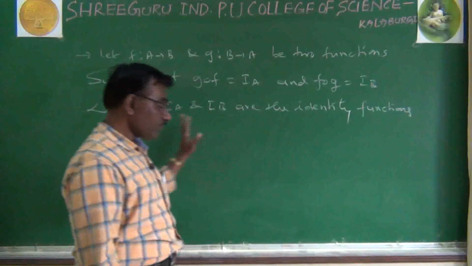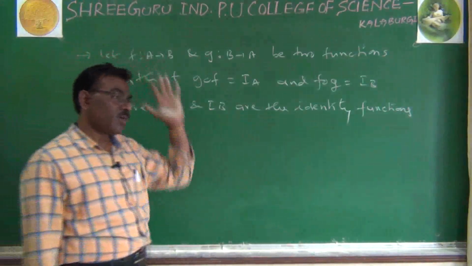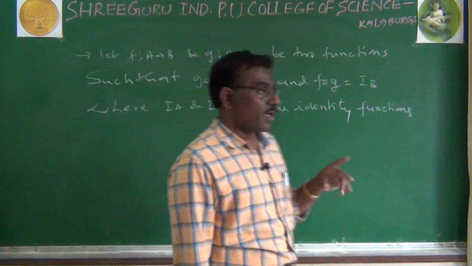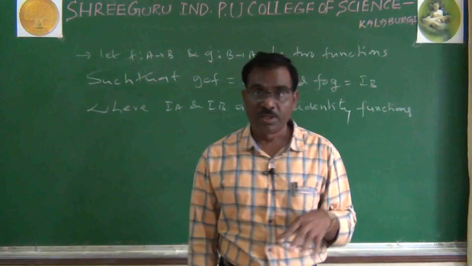And this gives the four properties of composition. Not commutative, associative, and if both F and G are bijections, the composition is also a bijection.